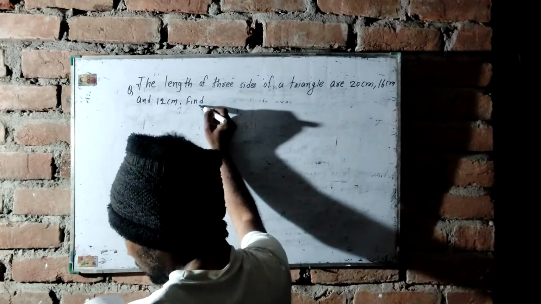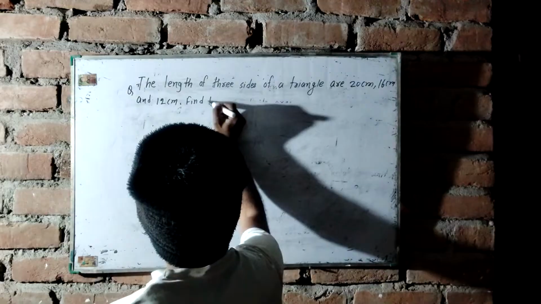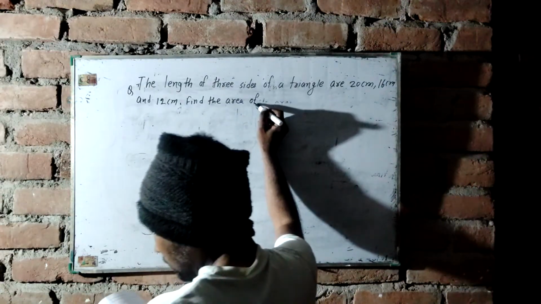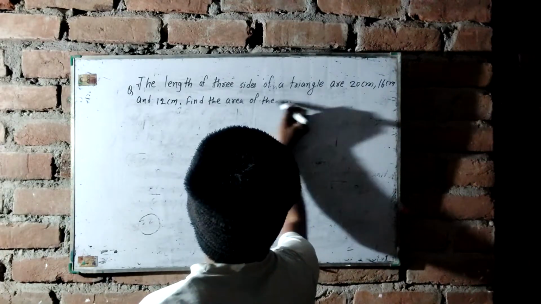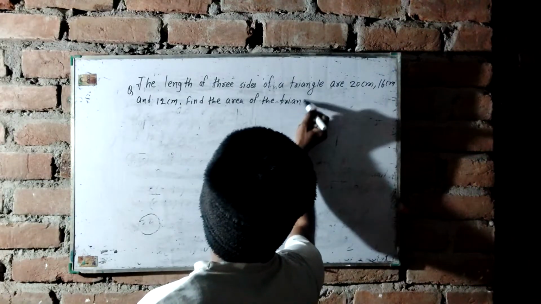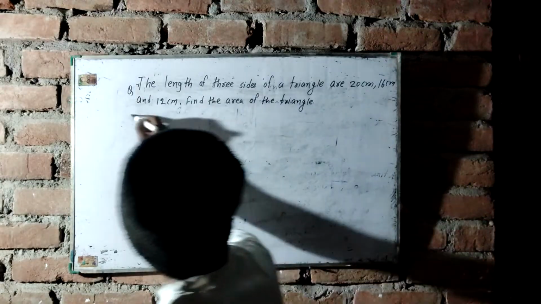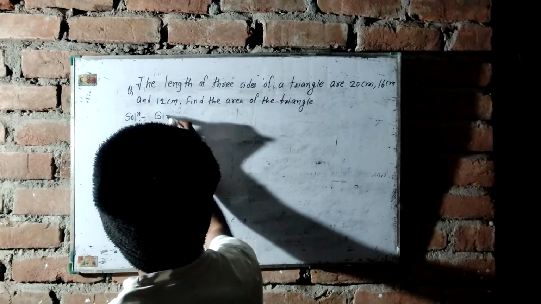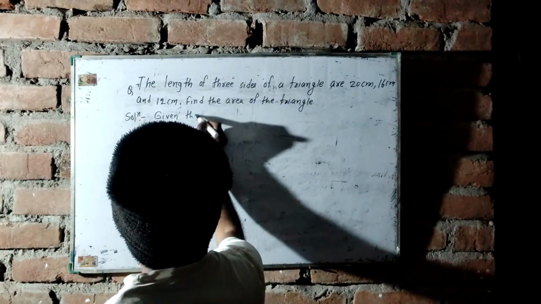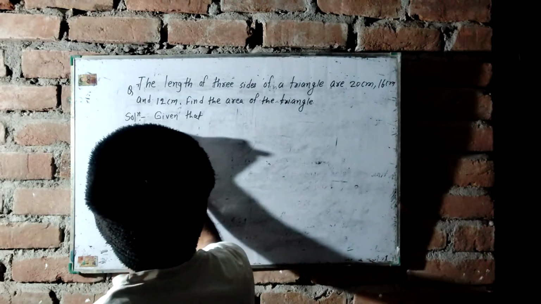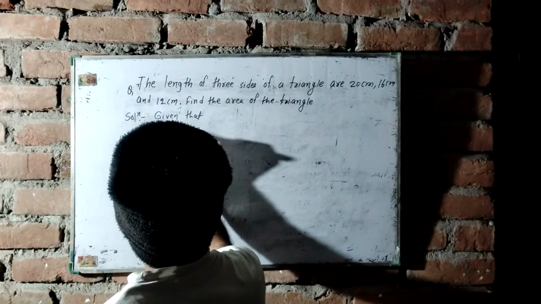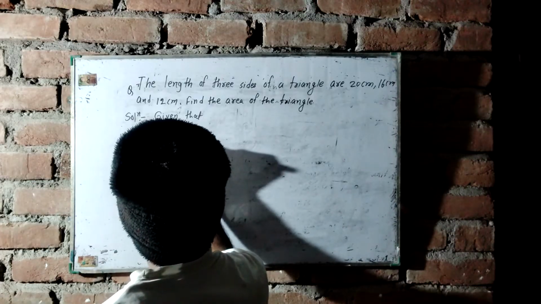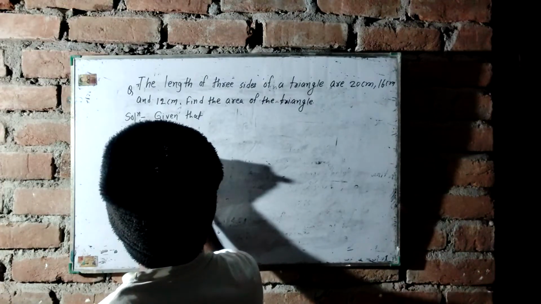Find the area of the triangle. Okay, have a look the solution of this problem. Given that A is equal to 20 centimeter, B is equal to 16 centimeter, C is equal to 12 centimeter.